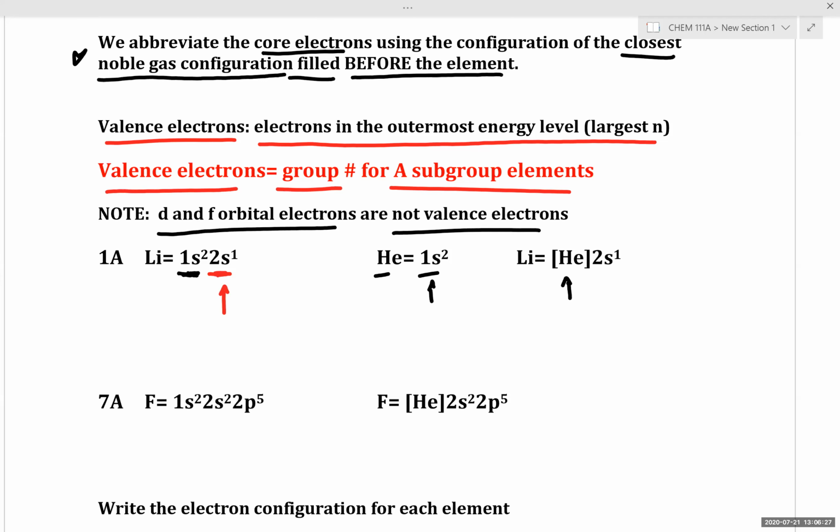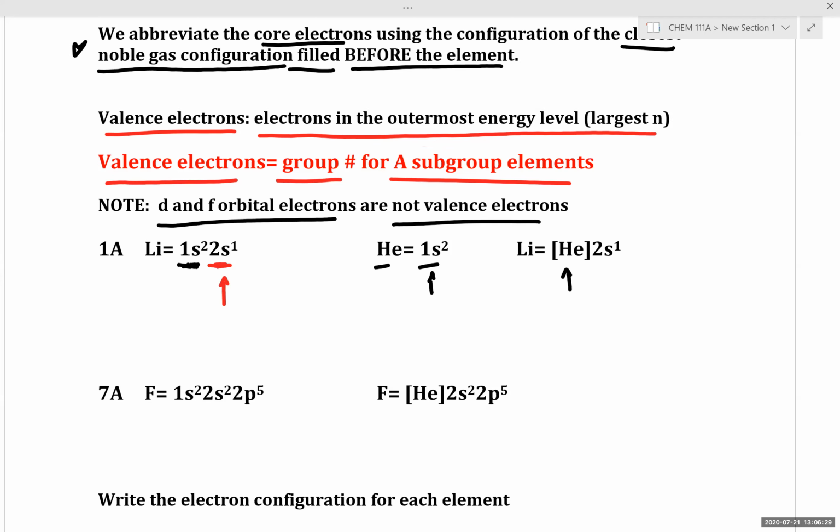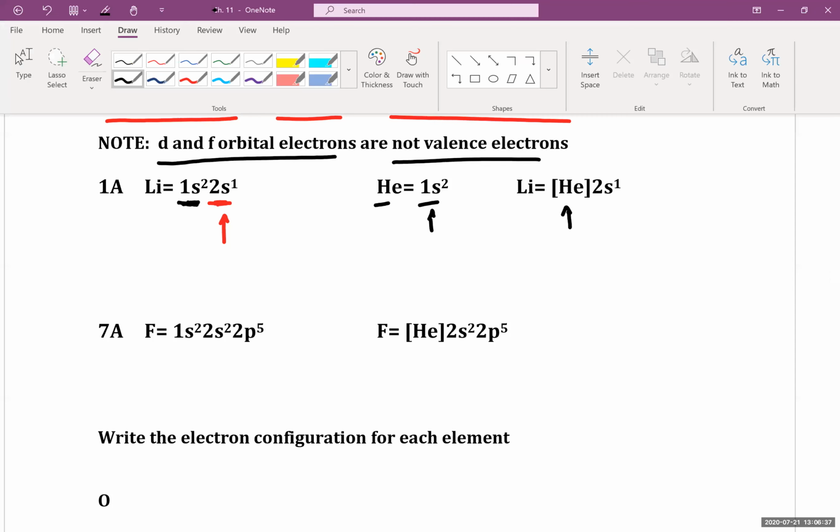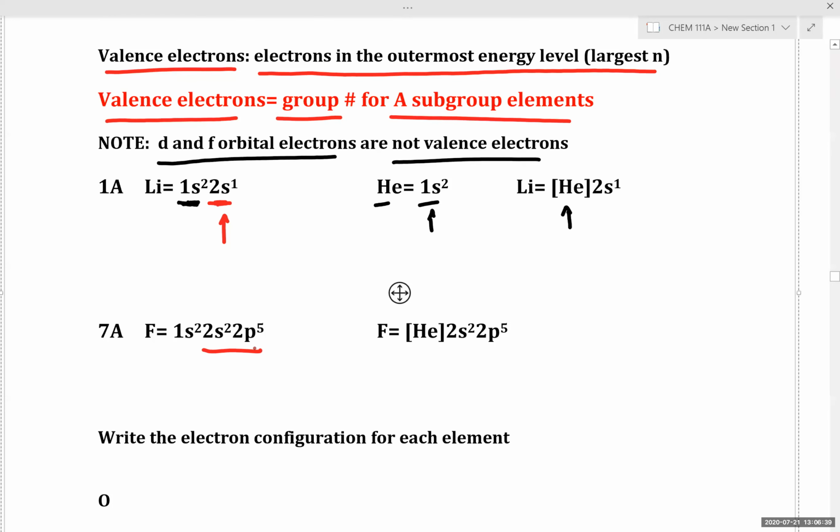Likewise, if we're looking at fluorine, which is written in a longhand sense as 1s2, 2s2, 2p5, our 2s and 2p electrons are valence electrons. So we see that we have 7 valence electrons, which matches our group number of 7A.